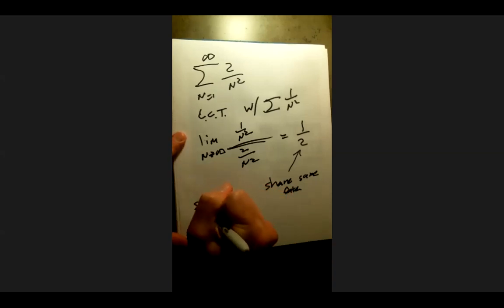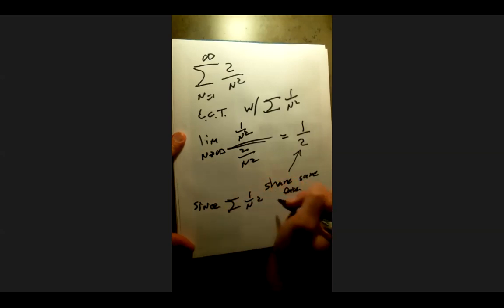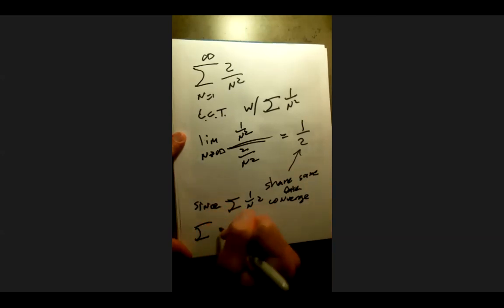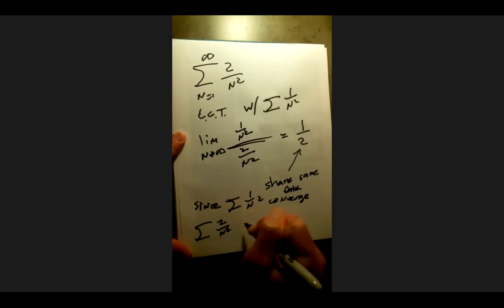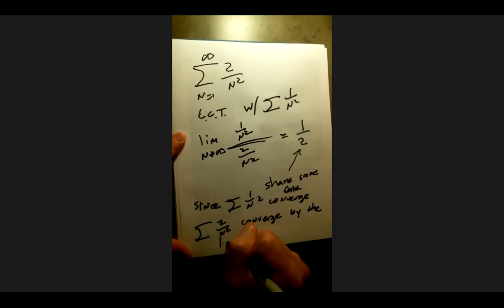Since the sum of the 1 over n squareds converges, we get that the sum of the 2 over n squareds converges by the limit comparison test.